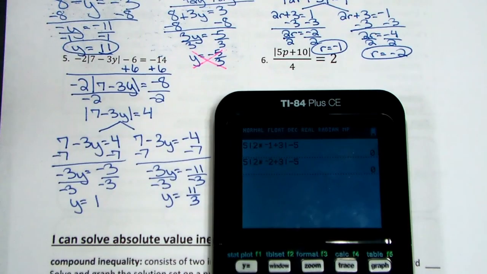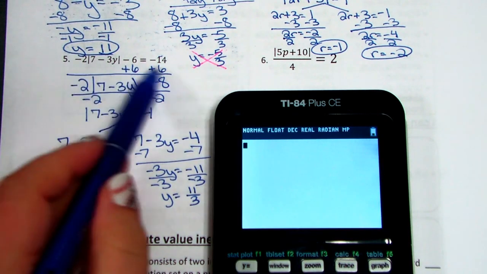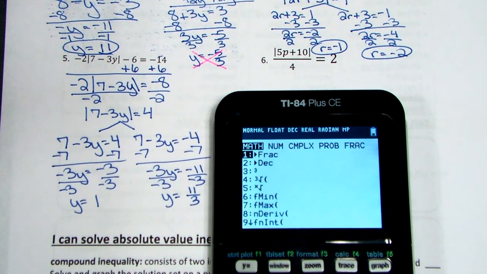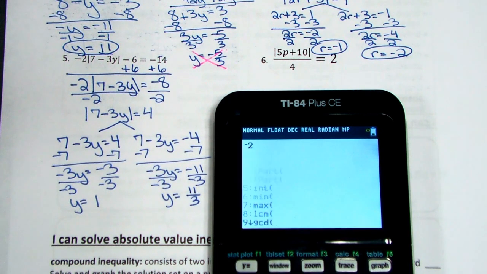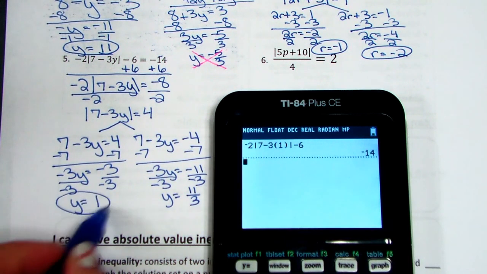Let's check those in our calculator. Back to the original problem up here. So negative 2 times math NUM absolute value, 7 minus 3 times, we're going to plug in 1 for y. And then minus 6. We get negative 14, so we know this one works.